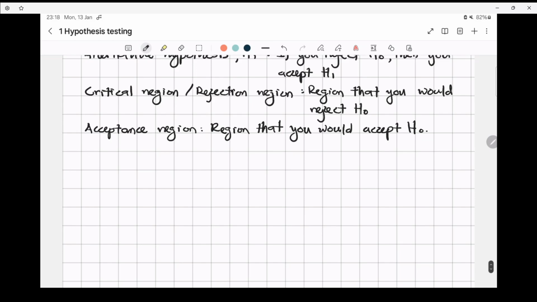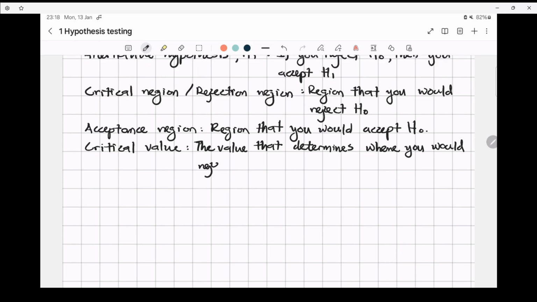The value that determines which is the acceptance region and which is the rejection region, we call the critical value. This is the value that determines where you would reject H0.